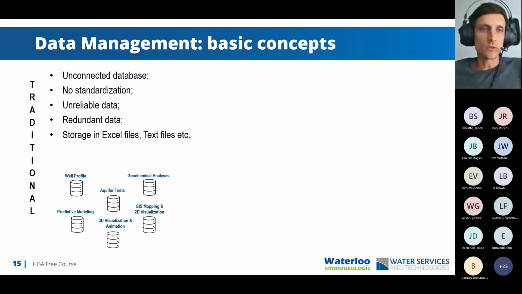So you have unconnected databases, you have no standards between all your files. You have unreliable data because you can have different files with the same data or sometimes with different information. You can have redundant data, and you can have your data stored in many different kinds of files: Excel files, text files, PDFs, pictures, or papers.